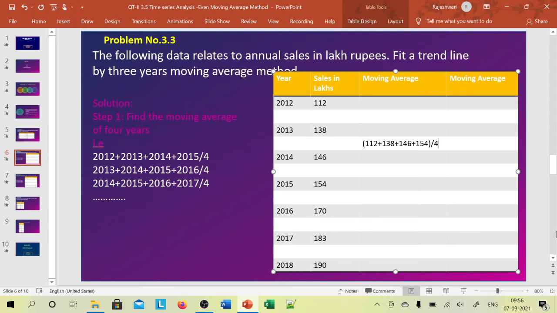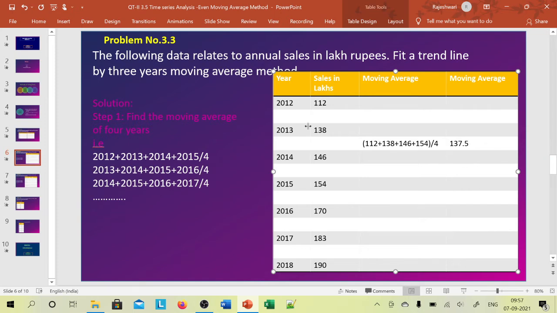If it is 3 years average divided by 3, 2 years average divided by 2, it's 4 years average, so 112, 138, 146 and 154 divided by 4 years. So we will get the average of these years. Can you tell me what is the average of these years? Yes, 137.5 lakh rupees. Sales in lakh they have given here.